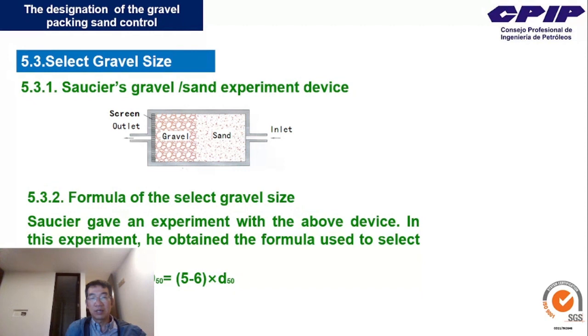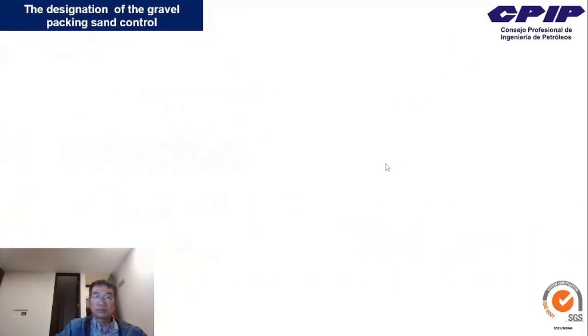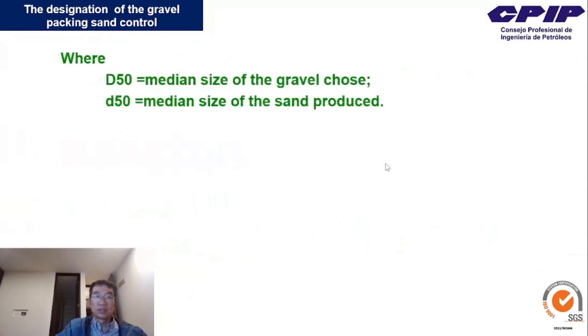In this experiment, he obtained the formula used to select the gravel size: D50 is 5 or 6 d50, where the big D50 is the median size of the gravel pack, and the small d50 is the median size of the sand produced.